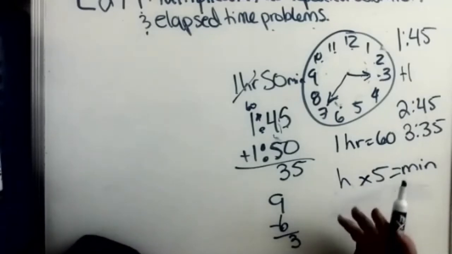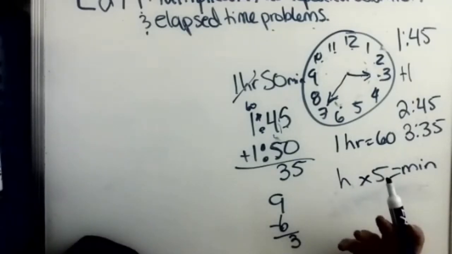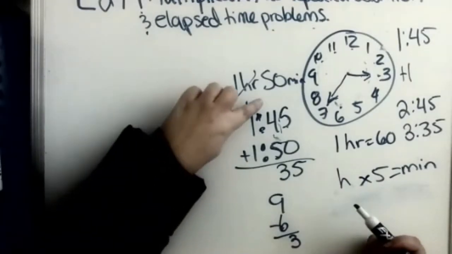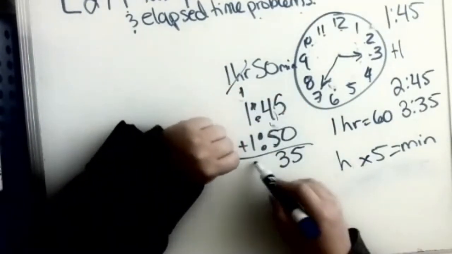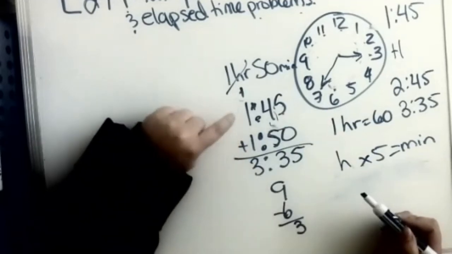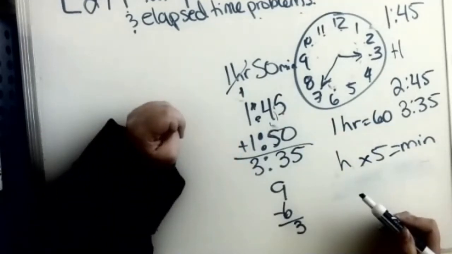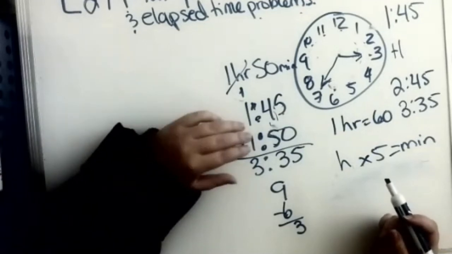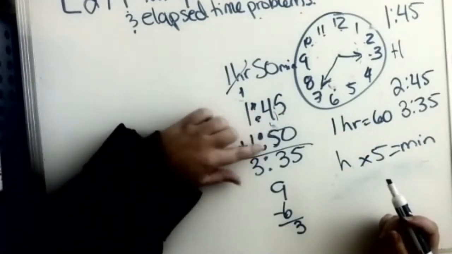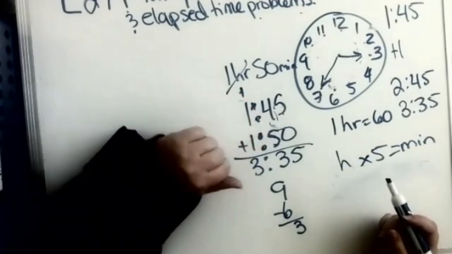This is why I said we probably won't solve them this way, but I'll show you it so that you can see. The 60 is 1 hour. Then we add up our hours, 3 hours, and we have 3:35. So you can add them, it does work. You just need to remember that because it's a base 60, your tens column only goes up to 6 and then you have to regroup.